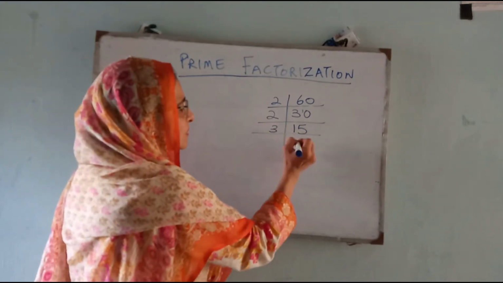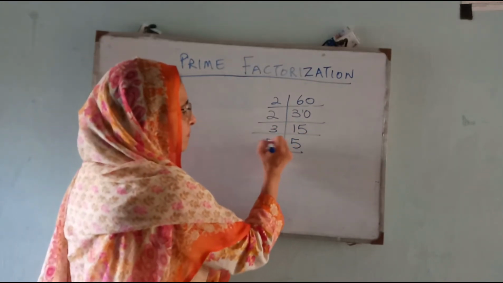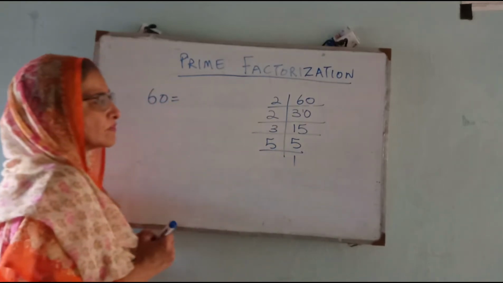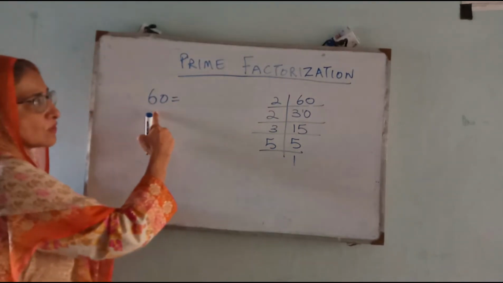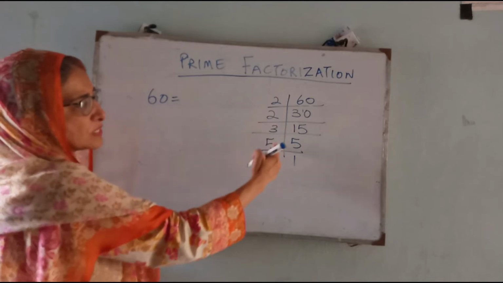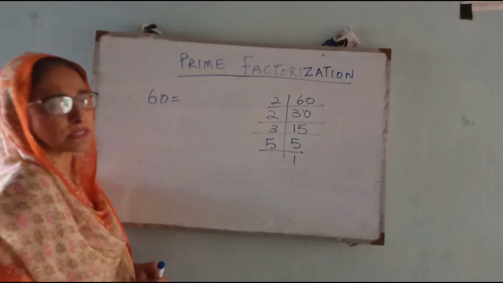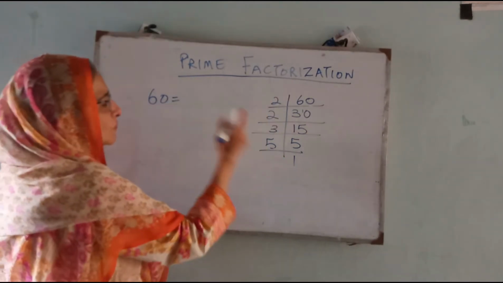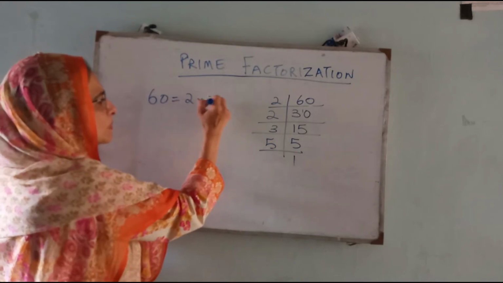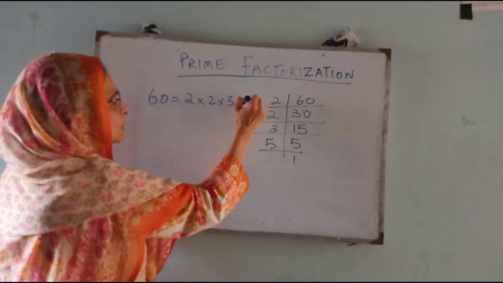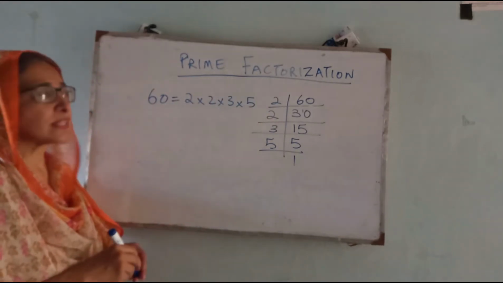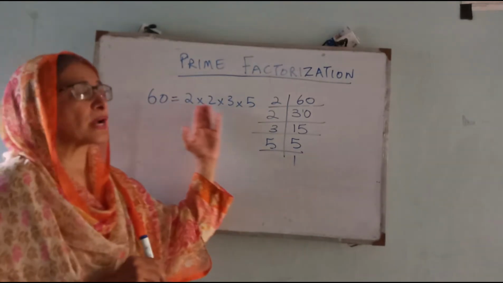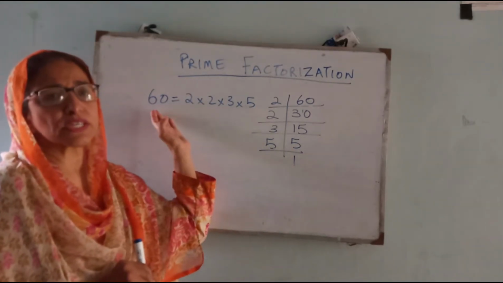So 3 5s are 15, 5 1s are 5, right? As you can see, all these numbers are prime numbers. So the prime factors for this number are 2 multiplied by 2 multiplied by 3 multiplied by 5, and this is called the prime factorization of 60.